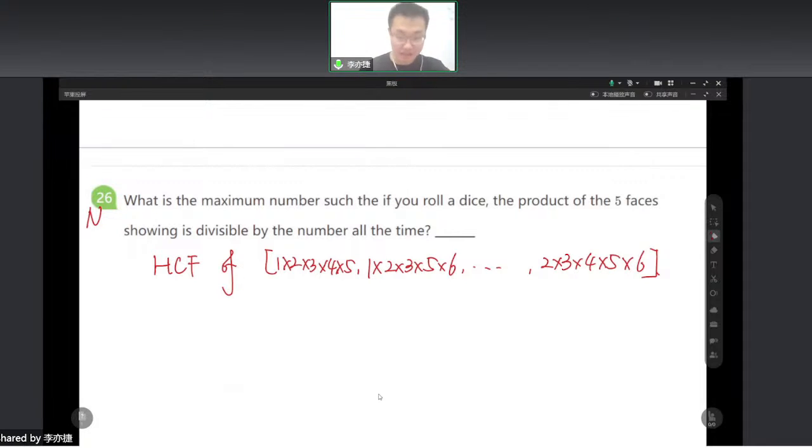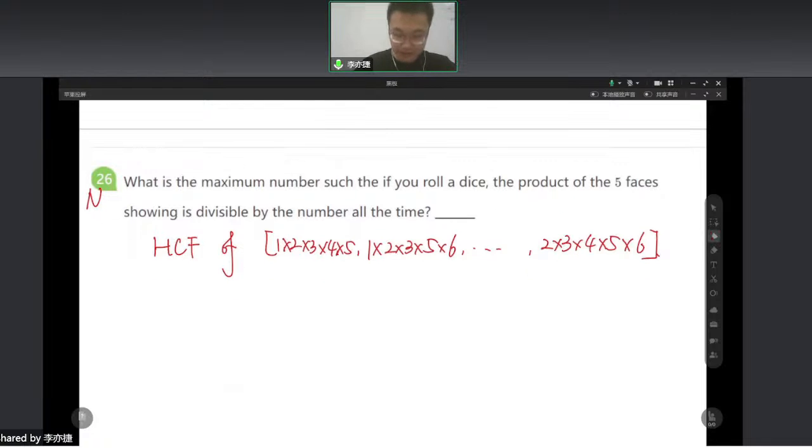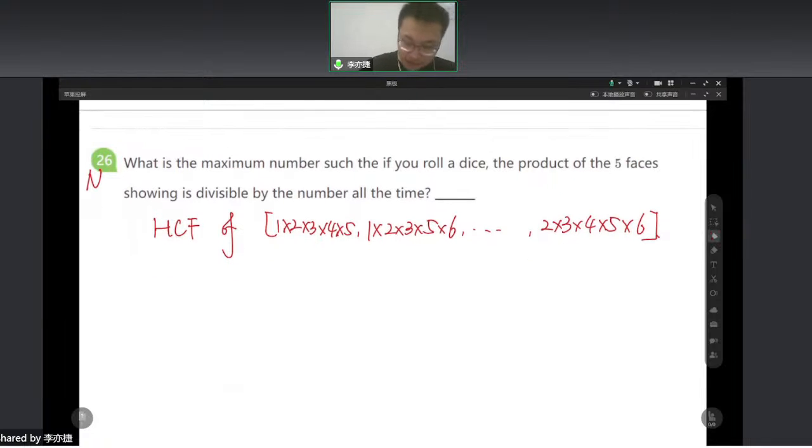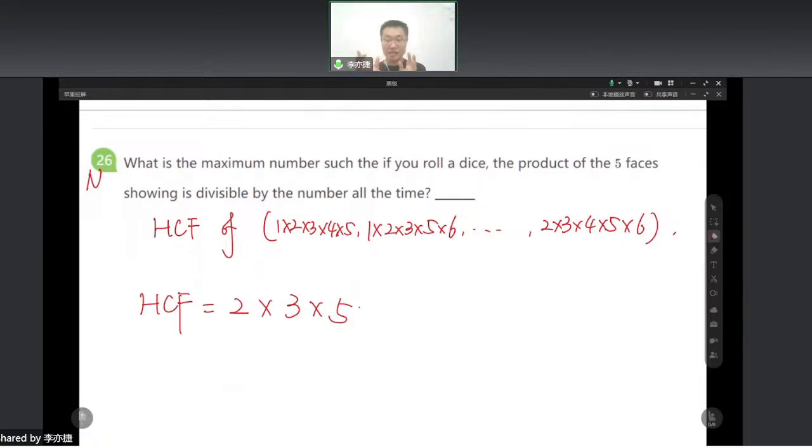So how to determine the HCF of those 6 numbers? You don't need to calculate it one by one because it's too complicated. We can make it easier. The HCF contains 2s, 3s and 5s, so we discuss at most how many 2s, 3s and 5s there can be.